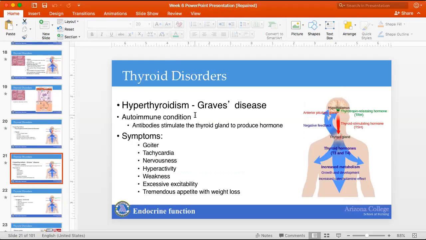This Graves' disease is an autoimmune condition. Antibodies stimulate the thyroid gland to produce hormone.